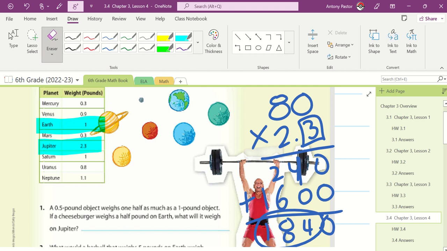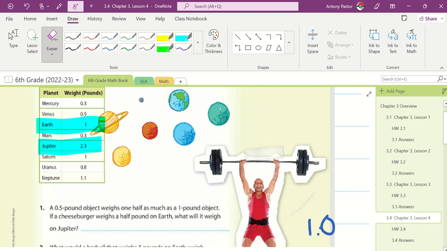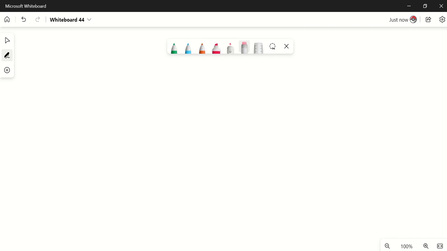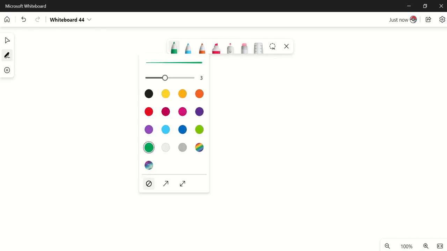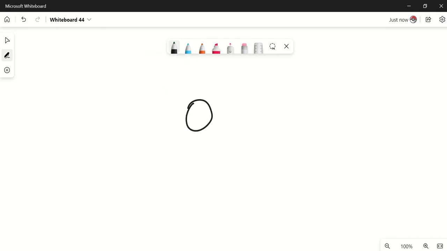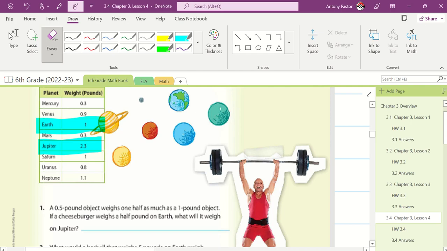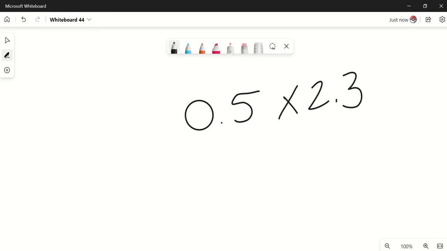So with that being said, we're going to find out how much a 1/2 pound cheeseburger would weigh on Jupiter. 1/2 pound would be 0.5. Jupiter is going to be 2.3 times more. And I'm going to double check 2.3, yes. It's going to be 2.3 times heavier than it would be on Earth.